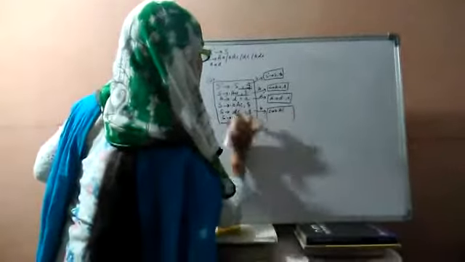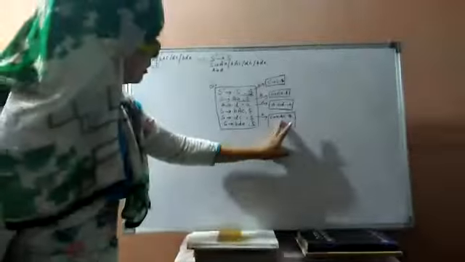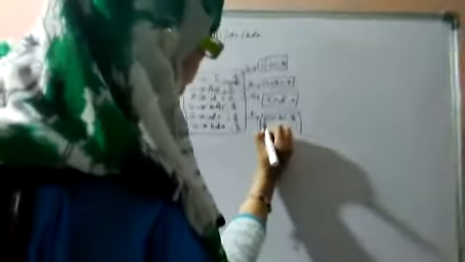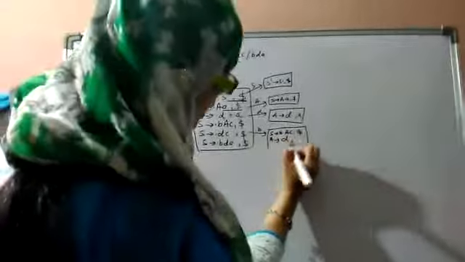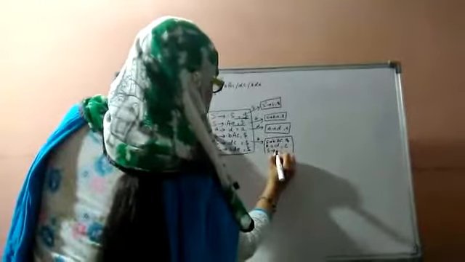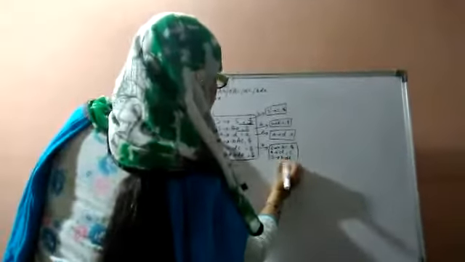Here we can again see that the dot comes before the A, so production rule A to dot D, and the look ahead will be C. This production rule has the dot before B and this production rule has the dot before D, so B dot D A. This is called S1.